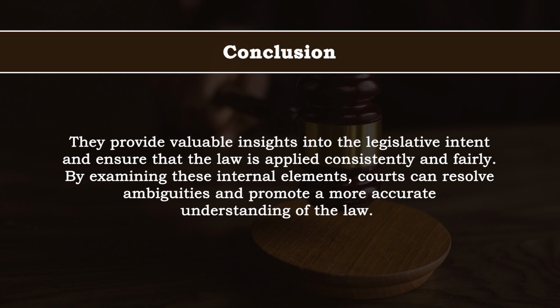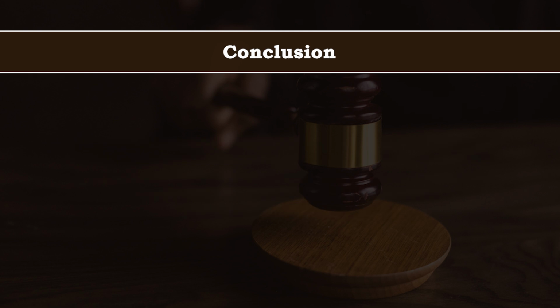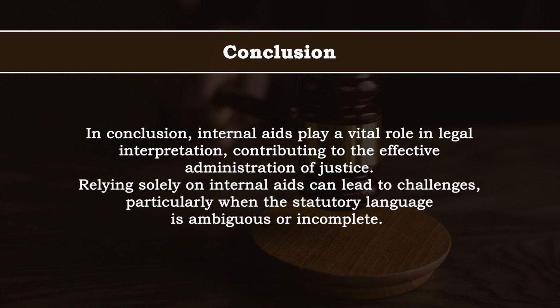By examining these internal elements, courts can resolve ambiguities and promote a more accurate understanding of the law. In conclusion, internal aids play a vital role in legal interpretation, contributing to the effective administration of justice.